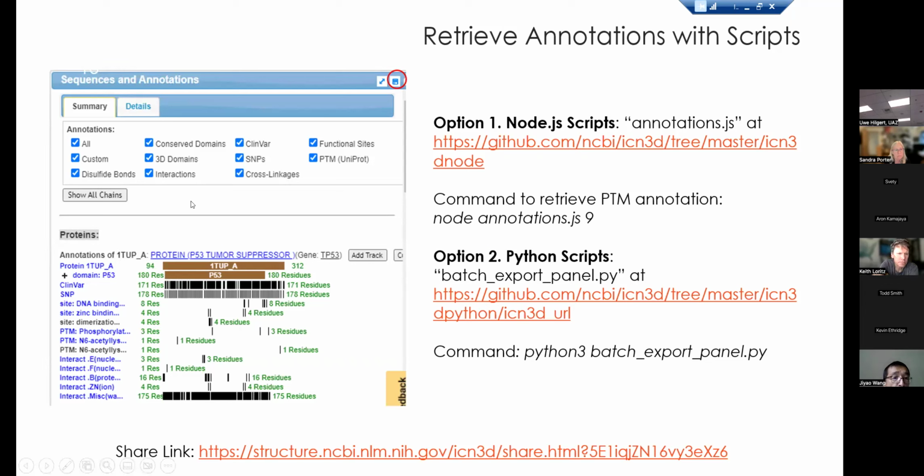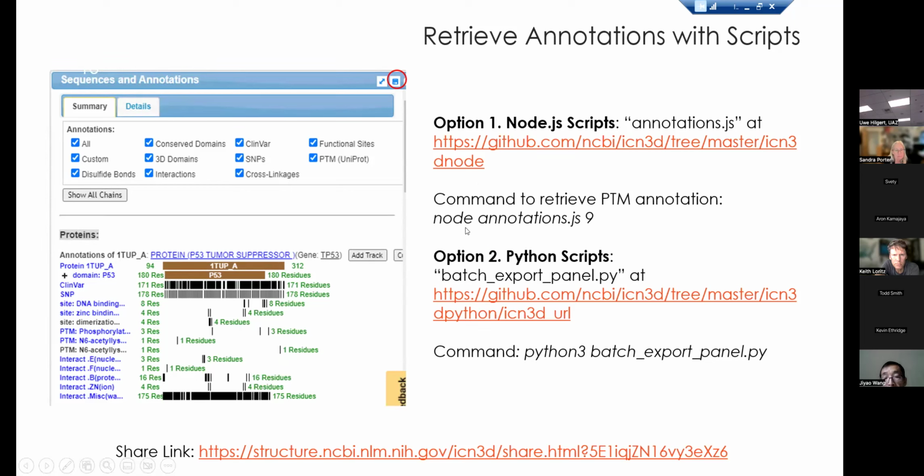So all the annotations can be exported. There are different ways. First, you can use a Node.js script. In this URL, I'm going to upload this PowerPoint into one of the Slack channels, so you can follow these scripts. The script is located on the iCn3D GitHub page under iCn3D node.